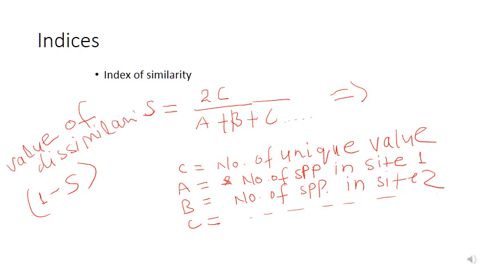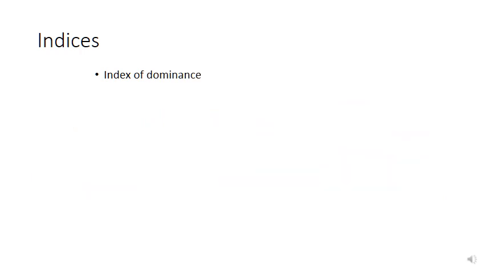Right, we have one more index, that is the dominance index. It is represented by C is equal to summation, and it is again a very small fraction, (Ni divided by N) whole square. Ni we know what it is.